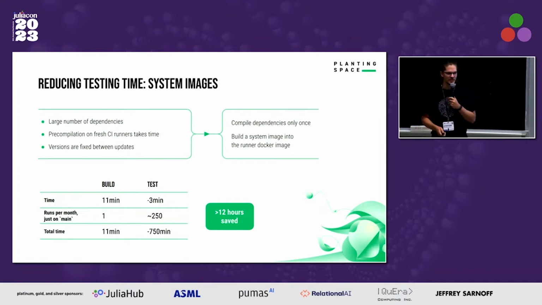But in our small example, it only takes about 11 minutes, plus maybe CI setup, to build this image, and it saves us 3 minutes on every main CI run. That is not even to speak about CI on MRs, or merge requests, and that saves us 12 hours over the month. Doesn't sound like all that much, but it's a fairly small effort for an outsized reward compared to what we're doing.